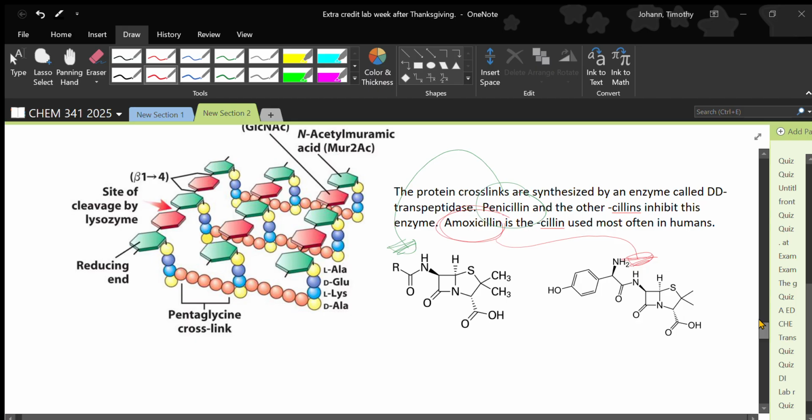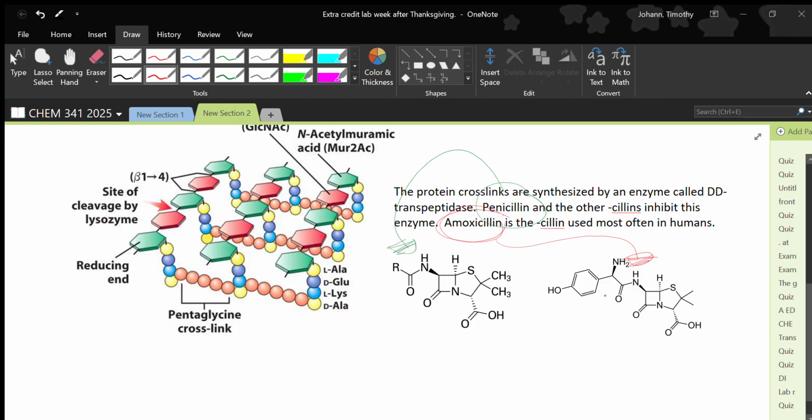Okay, so that's what you can get, amoxicillin, but if your physician is worried that you might have resistance, the bacteria have developed resistance to these. I didn't write down the enzyme.